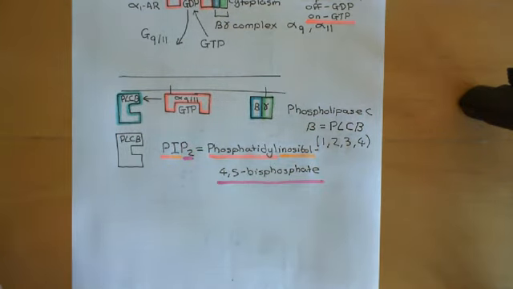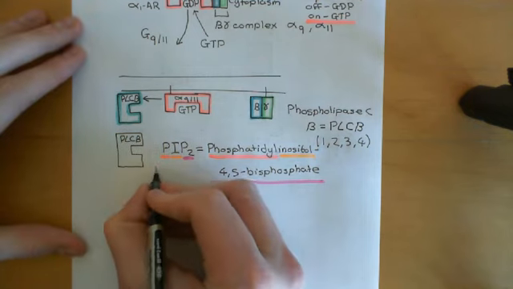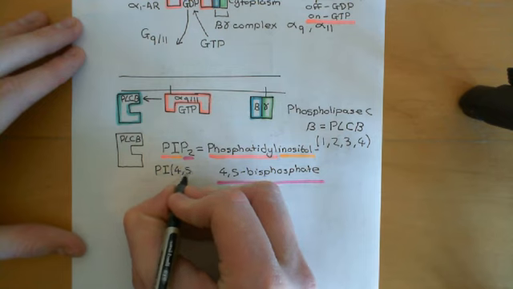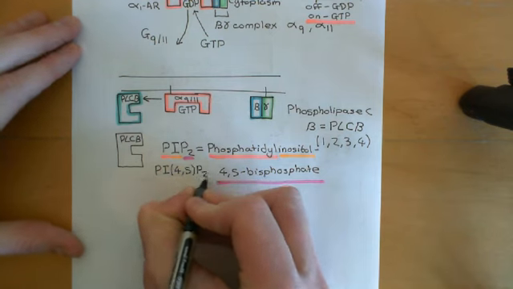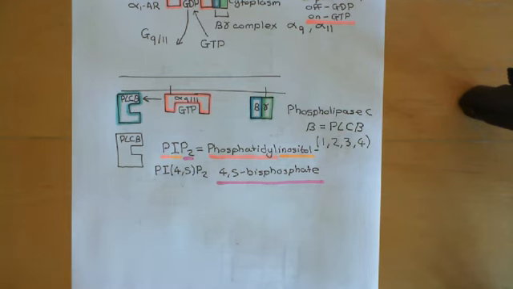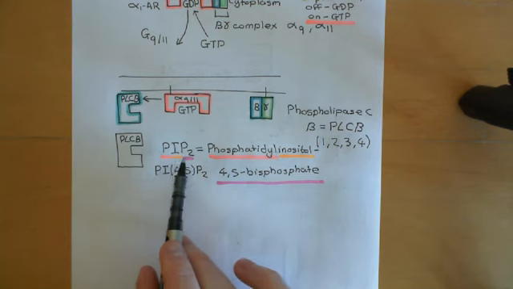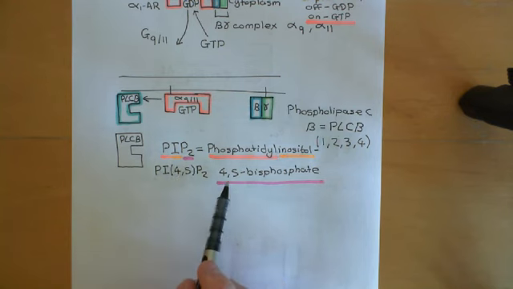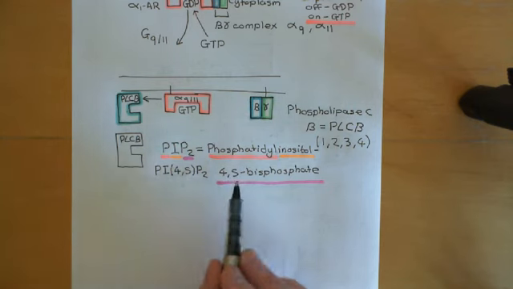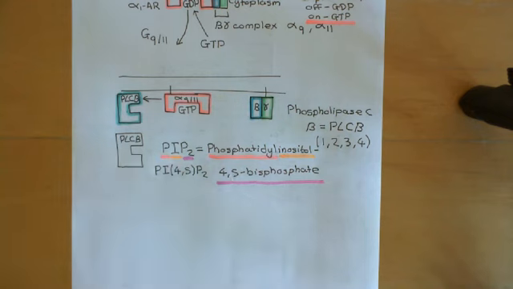Now some people actually extend this name out to phosphatidyl inositol, and then they'll put brackets like this, 4,5 P2. That's more rigorous, that makes sure that people know what you mean here. However, if you just say PIP2, people will assume that you mean 4,5 bisphosphate. They will not assume that you mean 3,4 bisphosphate or something like that. They'll assume that the phosphate groups are on the 4th and the 5th carbons of the inositol ring.